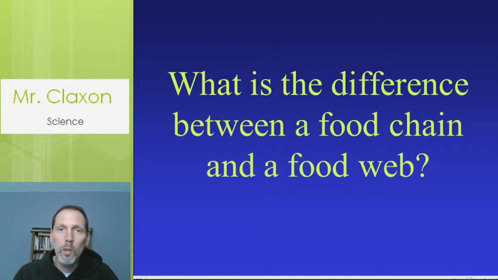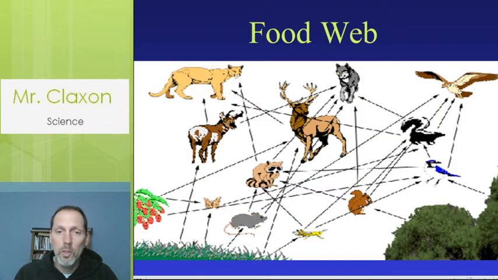A food web is just several food chains that overlap. So you can see in this example, you could trace out some different food chains. If you went from the mouse to the raccoon up to the cougar, that would be one food chain, but there are many, many possibilities here.